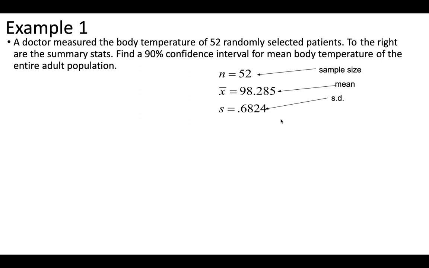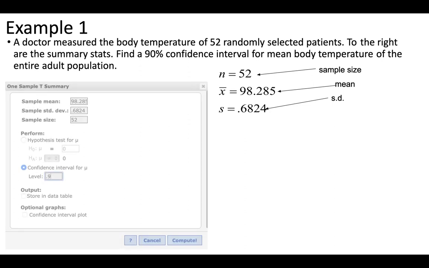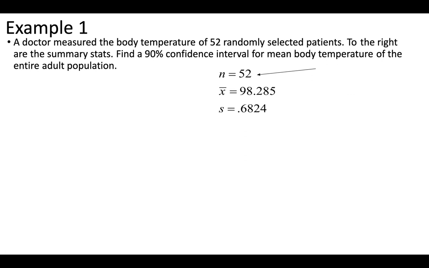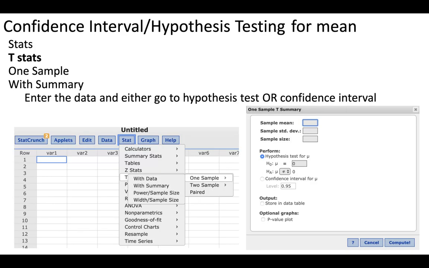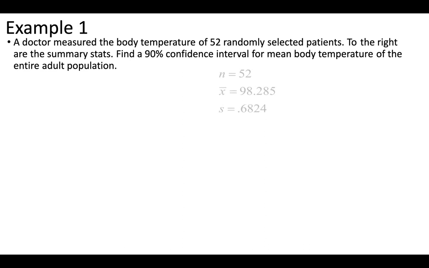In this case, S stands for standard deviation. Find a 90% confidence interval for mean body temperature of the entire adult population. So you can see I went to t-stats. I followed these steps here: stats, t-stats, one sample, with summary.